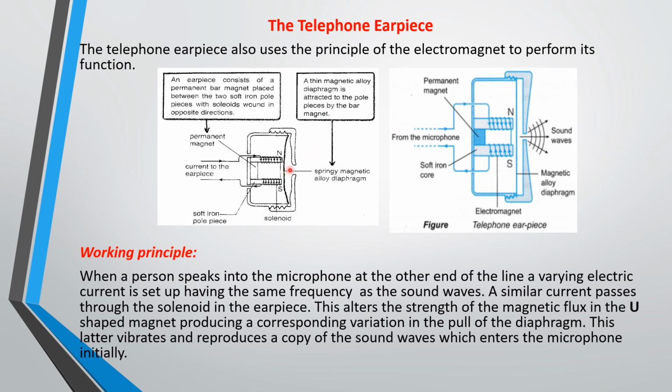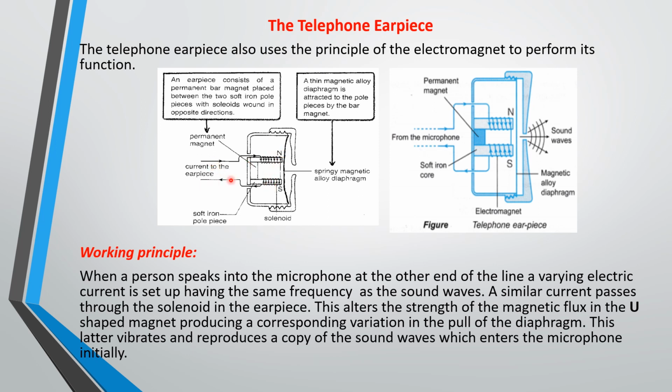Then you have a thin magnetic alloy diaphragm. This diaphragm bounces to and fro as sound is being produced. The diaphragm is attracted to the pole piece by the magnet bar, so for the diaphragm to move to and fro, it has to be attracted by this electromagnet.